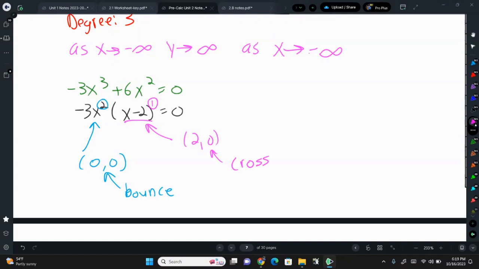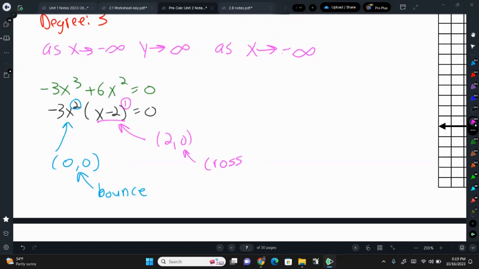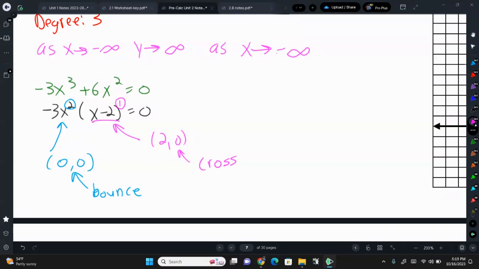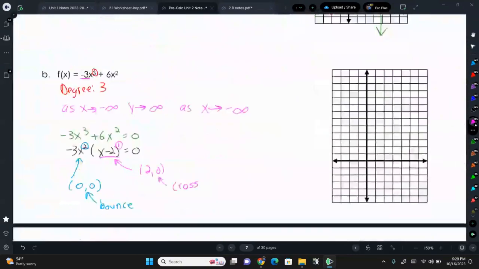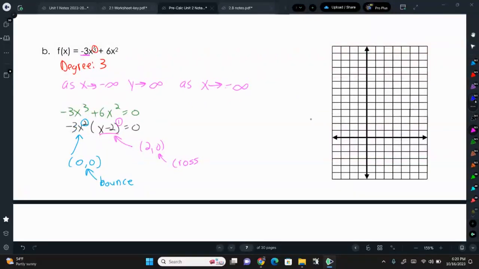So now let's go and plot our points. All right, so 0, 0, I'm going to do that one in light blue, and then I'll do 2, 0 in pink. We know that the left side should go up and the right side should go down from our leading coefficient test.